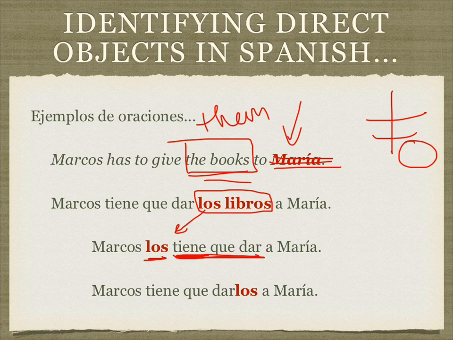Or if we have two verbs like we have here, dar is one verb, tiene is another, we can actually connect it to the end of the infinitive. The infinitive is the verb that is not conjugated. It's just like an AR, ER, IR verb ending. All right? So in this case, we have two options because we have two verbs. Number one, Marcos los tiene que dar a Maria. And then we have number two, Marcos tiene que darlos a Maria.